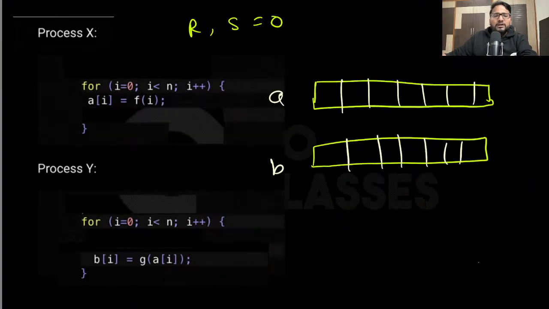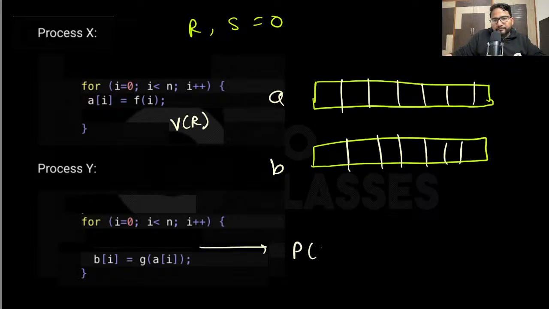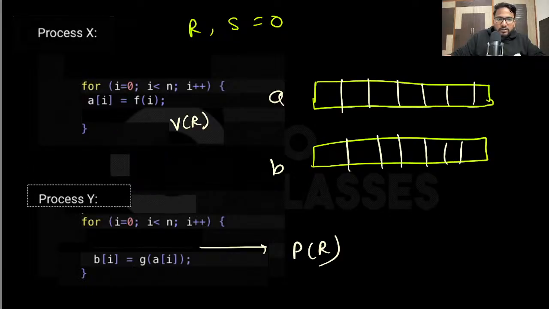Now let's say that I want to execute this, and then only I want to execute this. This is one very minimal requirement. So that's why I said there should be V of, let's suppose, R, and this should be some P of R here, right? This is one minimal requirement. Or maybe I can make some space and write all the things here.